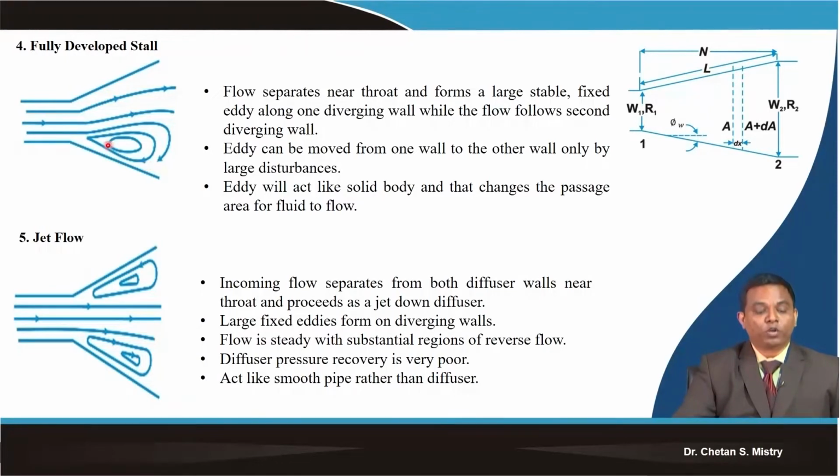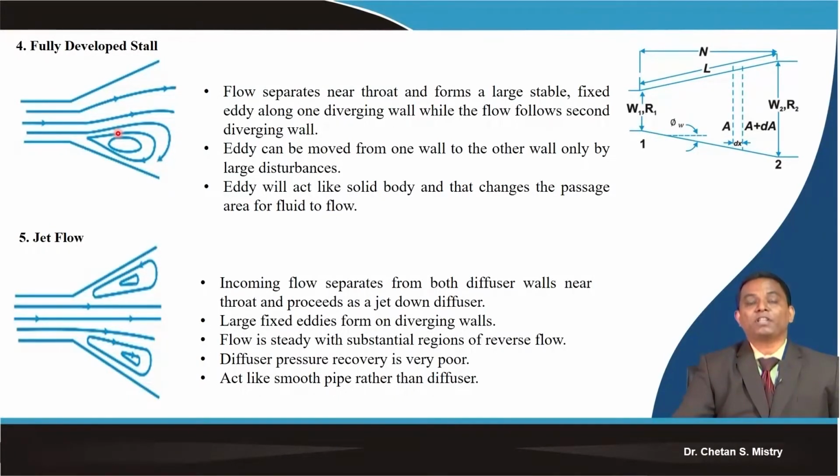So this particular region will act like a solid wall. So what will happen? My flow will get deflected towards the other wall. And if this is your case, we will not get the pressure ratio or pressure rise we are expecting at the exit. So that is called fully developed stall.